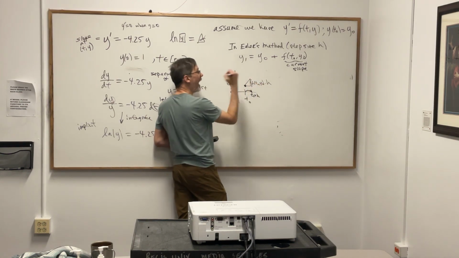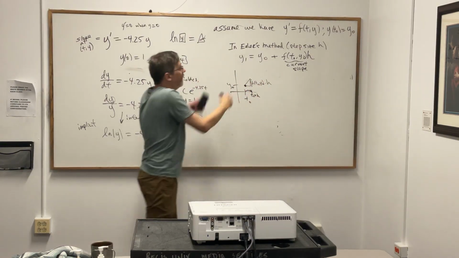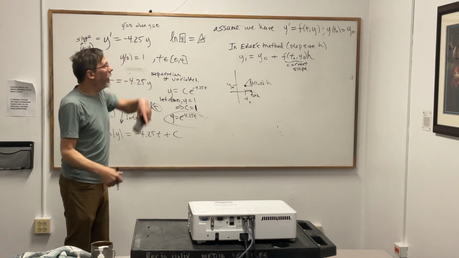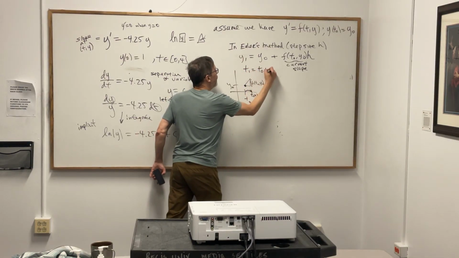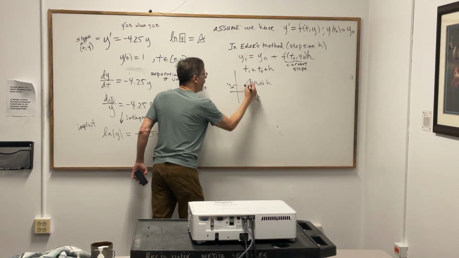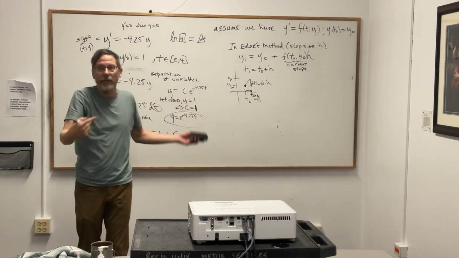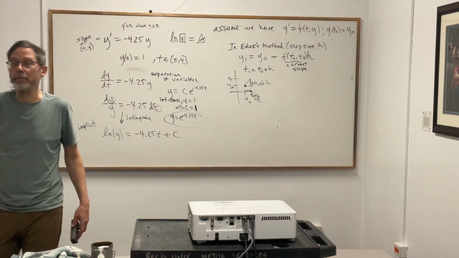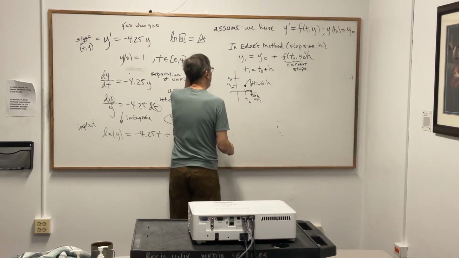That's this height change here, so I just multiply by h. That's Euler's method. Then t1 is t naught plus h. That's your new point, right here, and here's your new y1. Repeat until you've got what you want. Just keep doing that over and over again. That's very elegant, very simple.